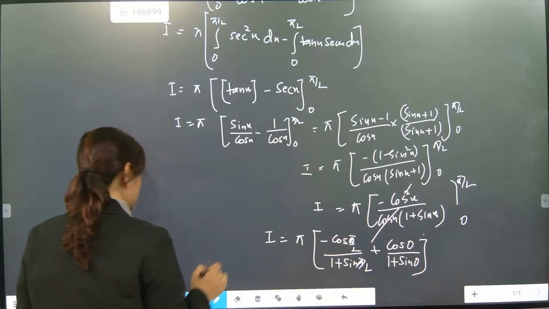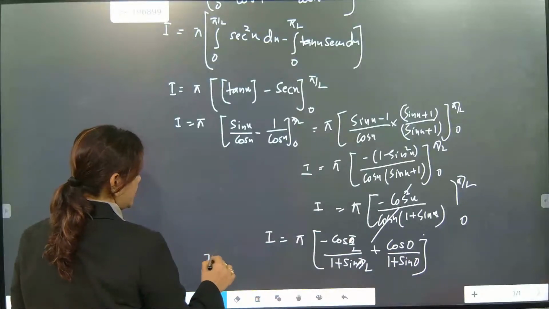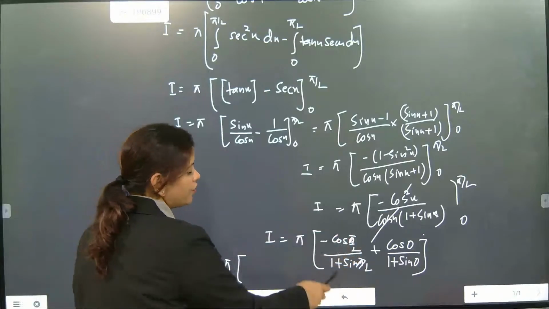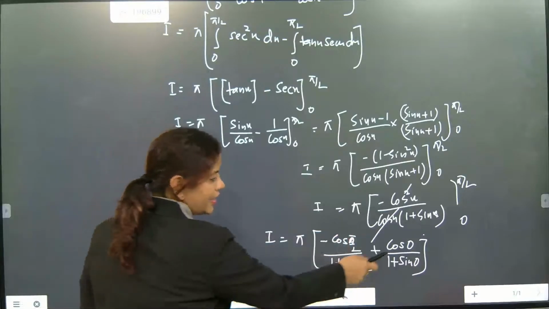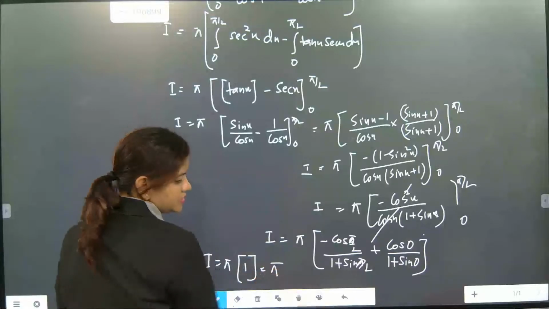And that's the thing we had to solve. I is equal to pi. This part is 0, which means the entire slot is over, 1 plus 2 sin pi by 2, and here it is 1. So our main content is pi as the answer. That's it.